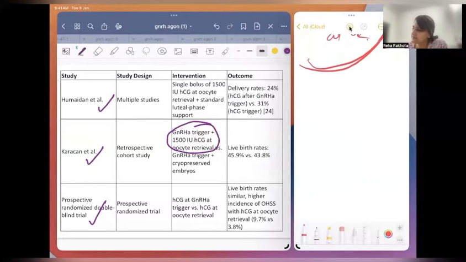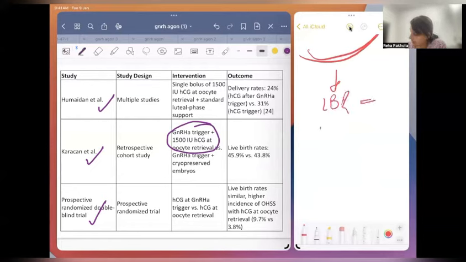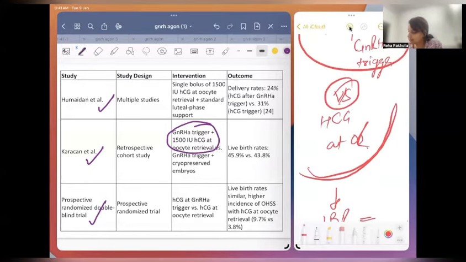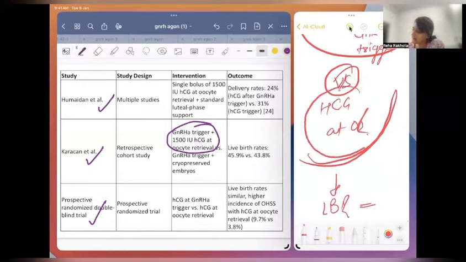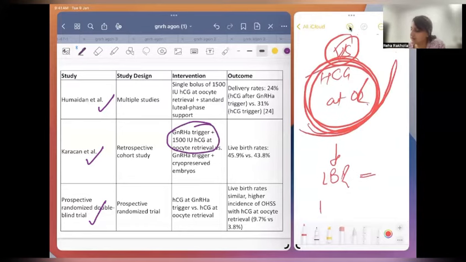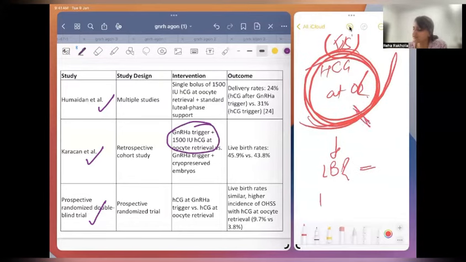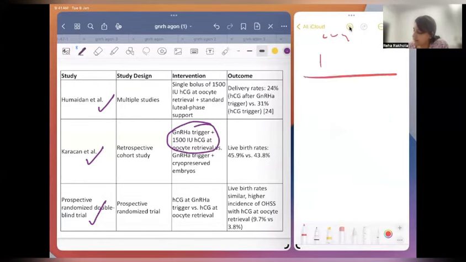What we saw was that live birth rates were similar, but there was a higher incidence of OHSS with HCG at oocyte retrieval. It was not significant, but there was a slightly higher risk of OHSS when we gave HCG at oocyte retrieval.